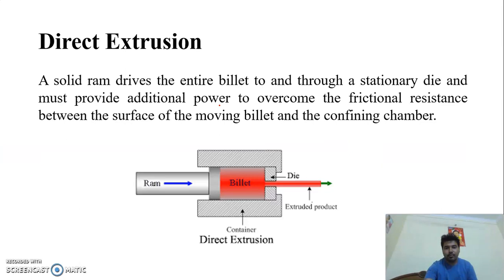This is a diagram of extrusion. With the help of this ram, we give force to the billet. The billet is the hot raw material, which is in direct contact with the die. If we force the ram, the ram is in direct contact with the billet, so the billet will flow, and from the die we get the extruded product.